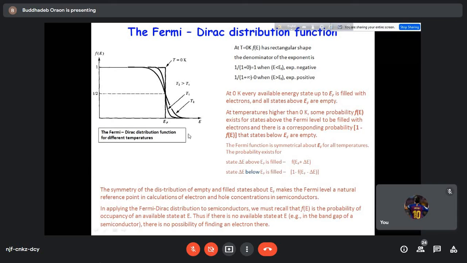So this part has been explained. If you see the book by Callister, this concept of how this area is proportional to the number of free electrons is explained in a better way.